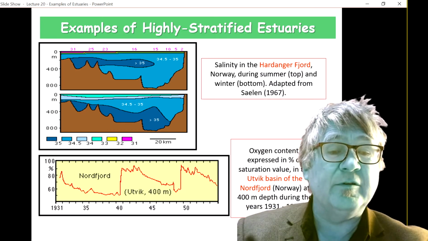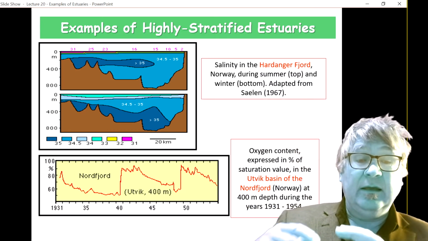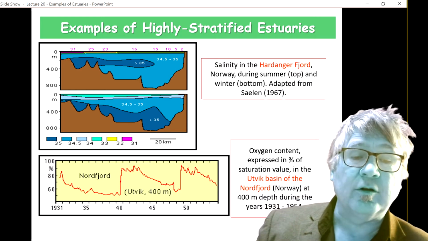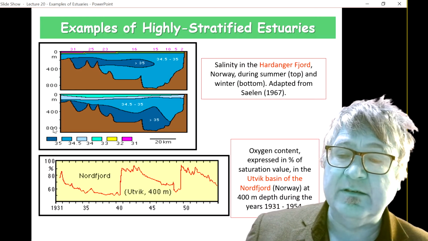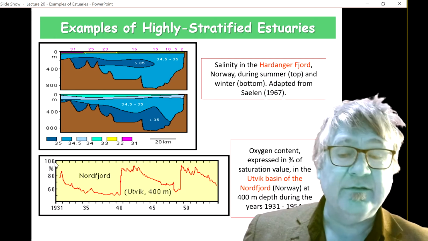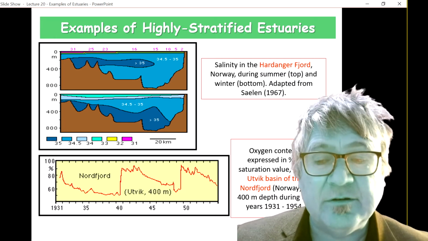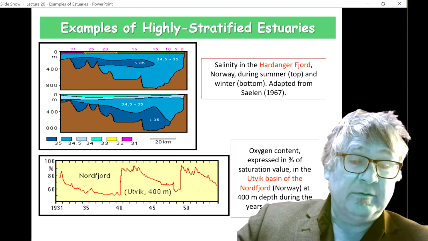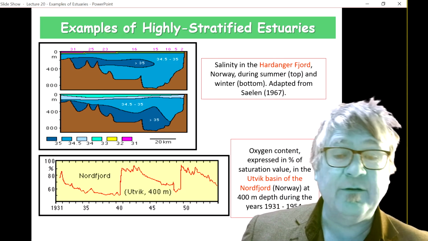And this is one example shown here in the Utvik basin of the Nordfjord in Norway. At 400 meters, you can see oxygen levels, and this is a time series starting at 1931. And shown here are 25 years.